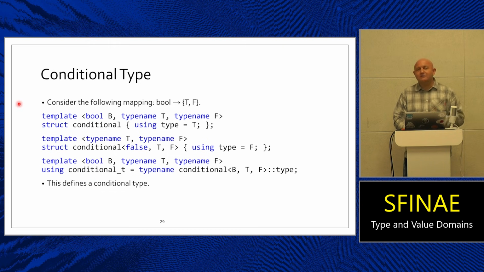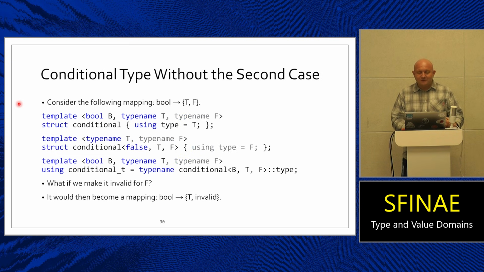And now imagine the following operation on it. Just remove the second branch. All which is gray on this slide is non-existent. What happens if we make the false case invalid instead of mapping it to type F?